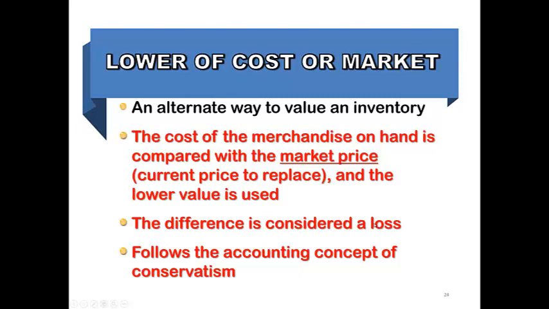We'll go ahead and take a loss. And this is called the accounting concept of conservatism, because we will always take losses that we anticipate, but we'll never anticipate a gain because that wouldn't be very conservative.